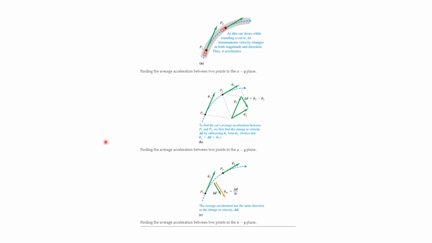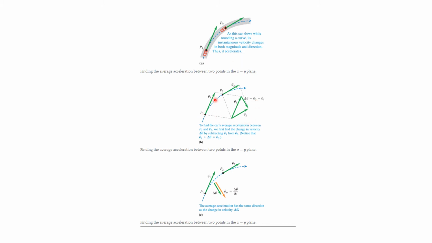Now, when we're talking about acceleration, acceleration is a change in velocity. And here you have a car that's going around a curve, and it doesn't change speed, but it is changing direction. That means there is an acceleration. This is called centripetal acceleration. And so even though there's not a change in how fast the car is going, there is a change in direction. So this is an acceleration.